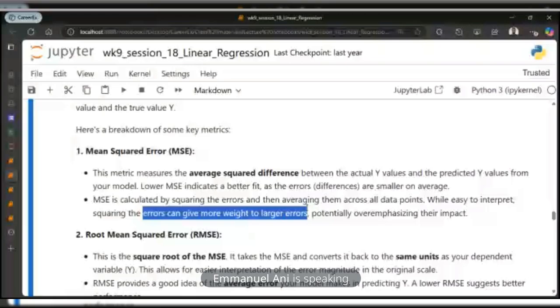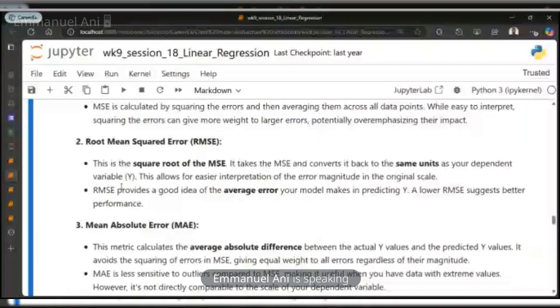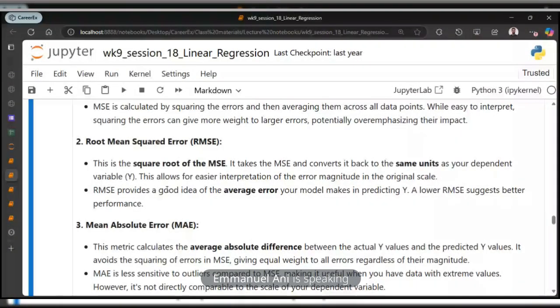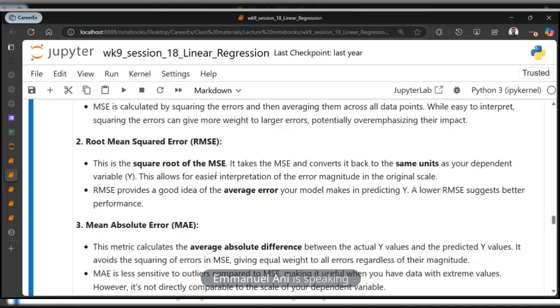While mean squared error has this con, root mean squared error is like the solution to that, right? Root mean squared error provides a good average error your model makes in predicting Y. This allows for easier interpretation of the error magnitude. It takes away the magnitude of errors in your data, basically meaning that it is robust to bigger values.